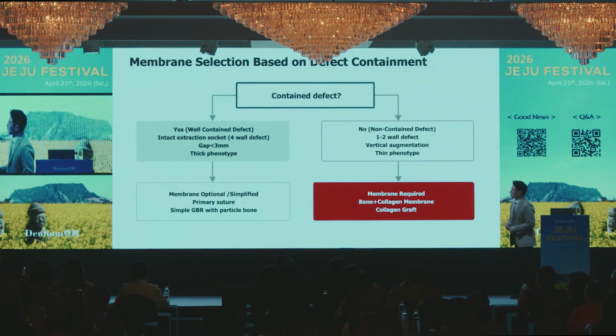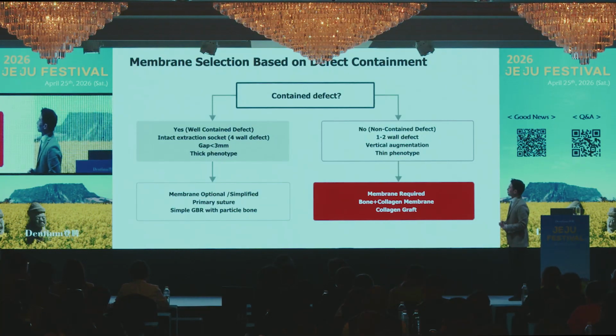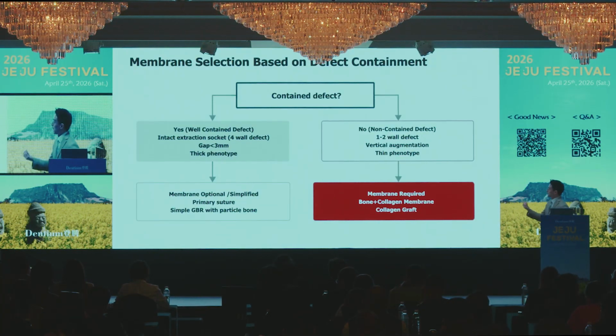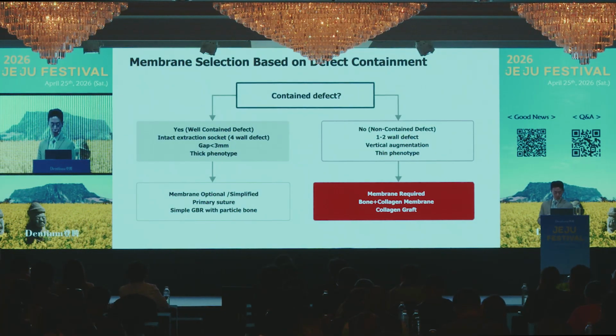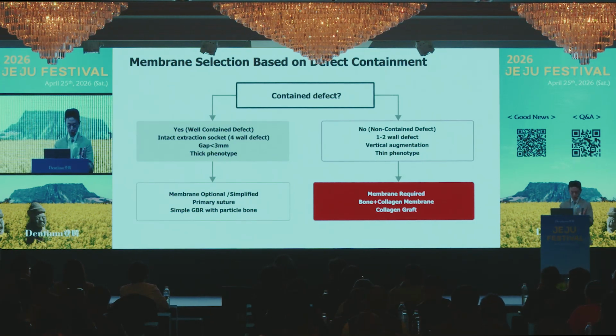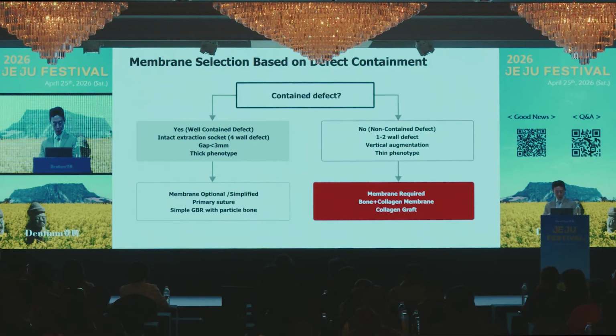First, I would like to talk about membrane selection. I select the membrane depending on the defect containment. As Dr. John mentioned, we can choose the membrane requirement depending on the defect morphology, contained defect or not.